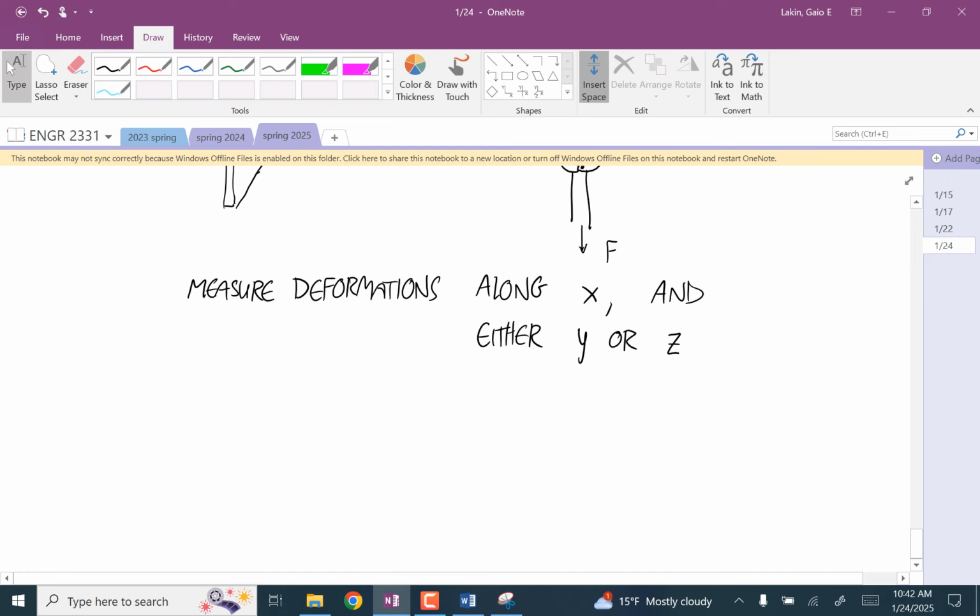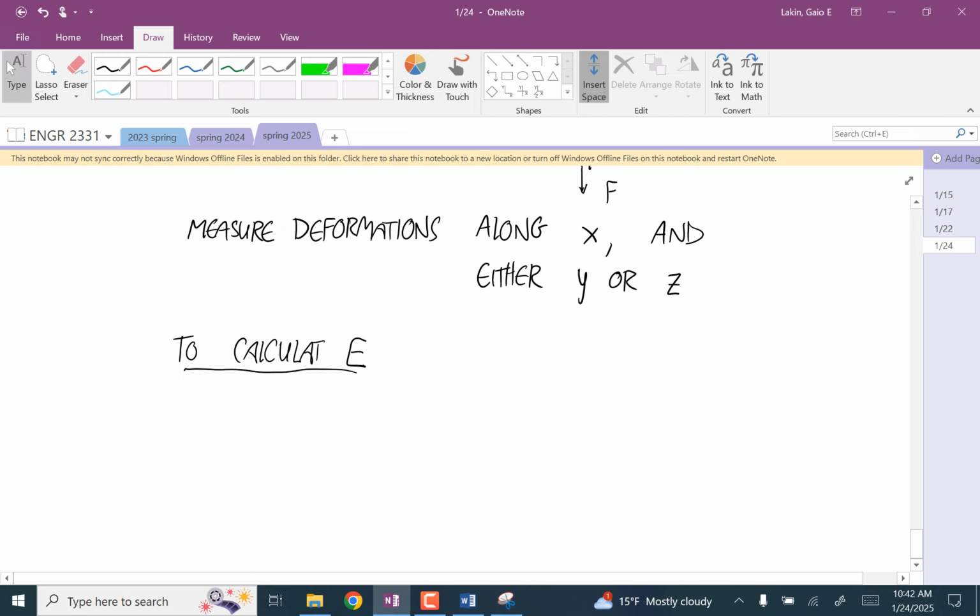Once you do that measurement, to calculate E, your sigma XX is the force divided by the cross-sectional area. So this is the tensile force. This is the cross-sectional area.